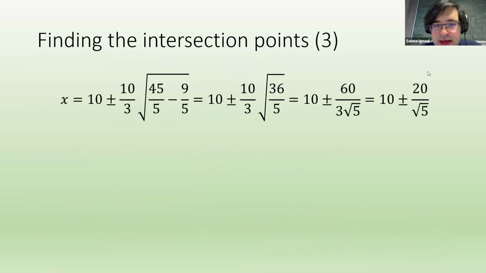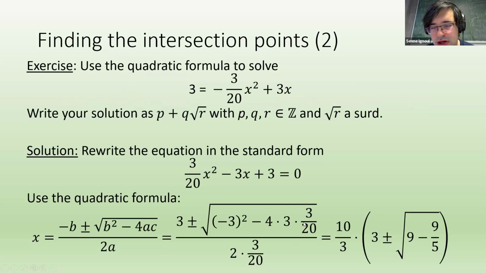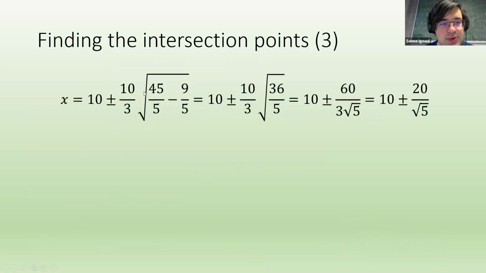If we then continue the computation, we have to subtract these fractions. So we put them on the same denominator. And then we can subtract them by just doing 45 minus 9, we get 36. What we've also done is 10 over 3 times 3, and 10 over 3 times this square root. So that's what we have done here.